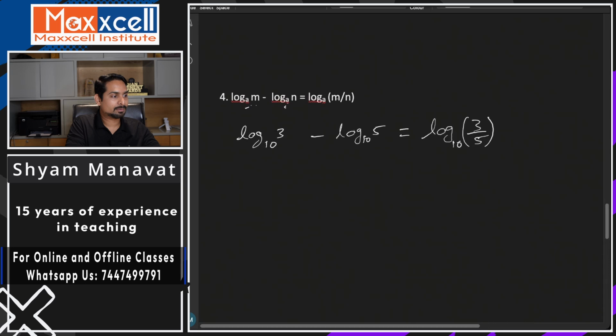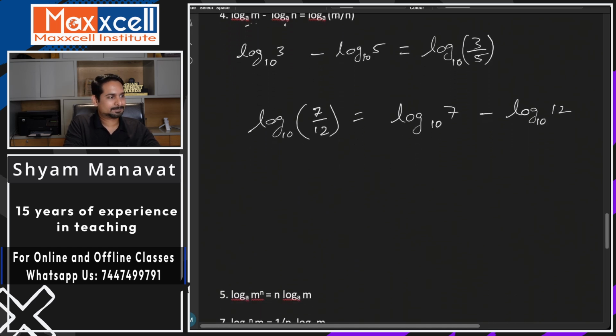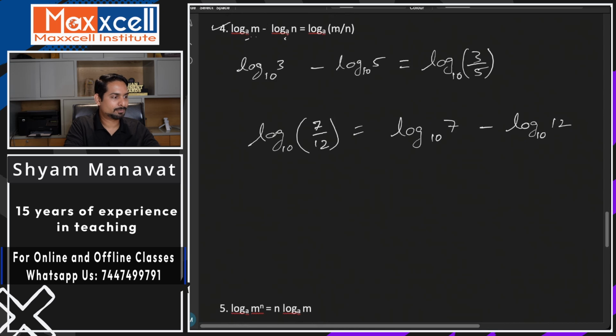We can also say it the other way around: log of 7 by 12 base 10 can be written as log of 7 base 10 minus log of 12 base 10. Clear? Okay. So this is rule number 4.